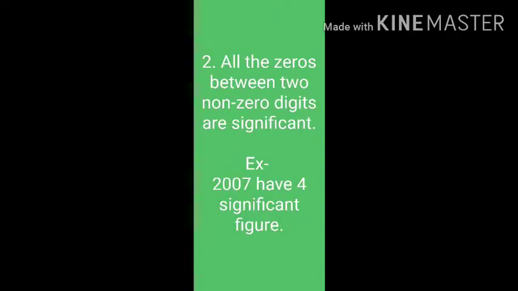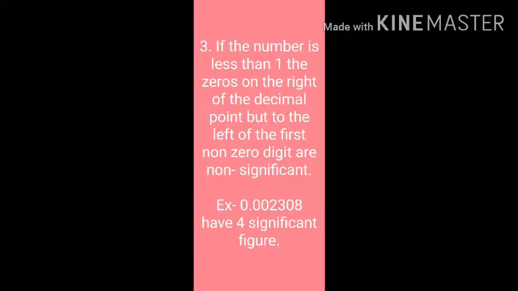Now we will focus on zero quantity. Rule 2: all the zeros between two non-zero digits are significant. Example 2007. These two zeros are included between 2 and 7, so these two zeros are significant. 2007 has 4 significant figures. Rule 3: if the number is less than 1, the 0 on the right of the decimal point but to the left of the first non-zero digit are non-significant.